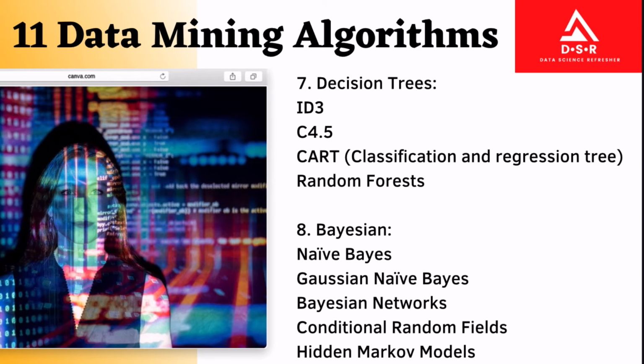The eighth type of data mining algorithm is the Bayesian. In this we have the naive Bayes, Gaussian naive Bayes, Bayesian networks, conditional random fields, hidden Markov models. All of these are important.